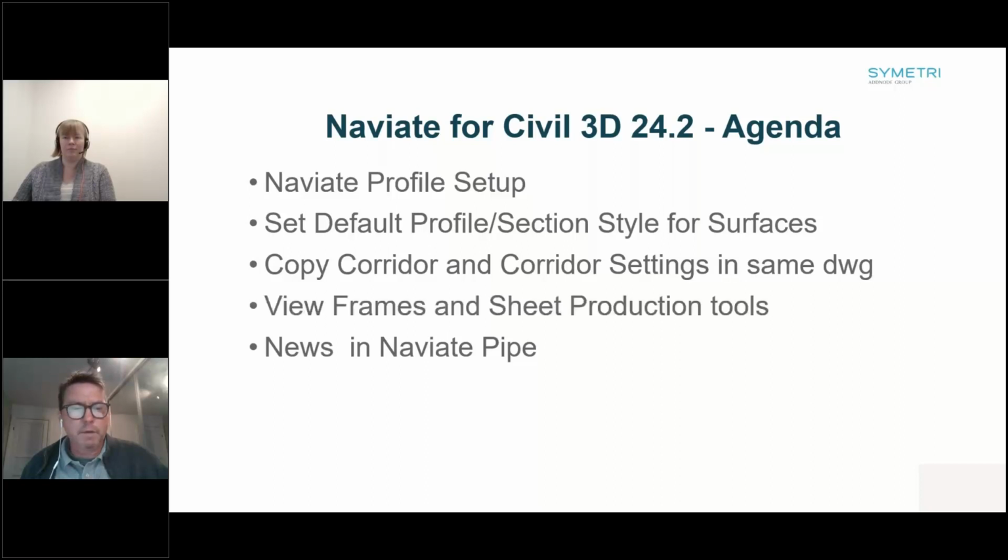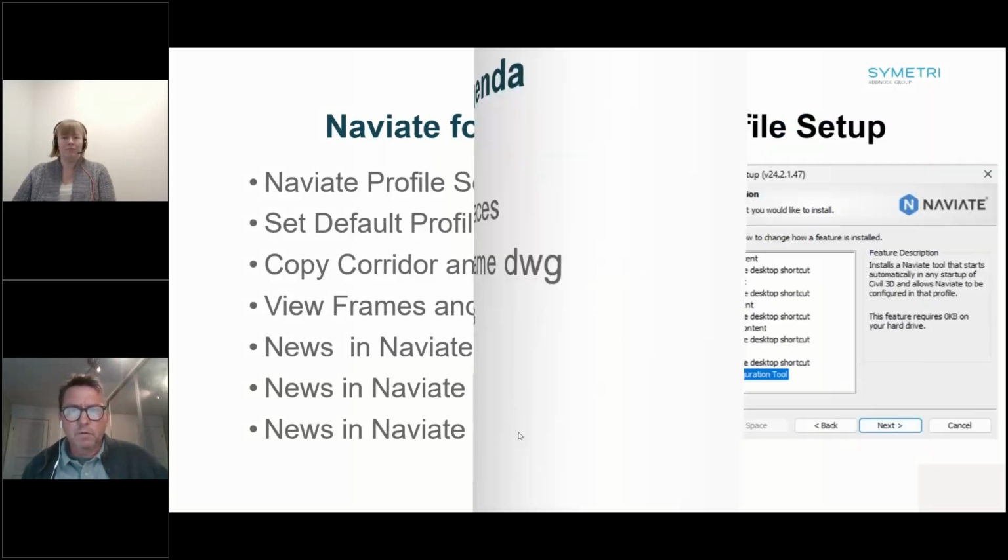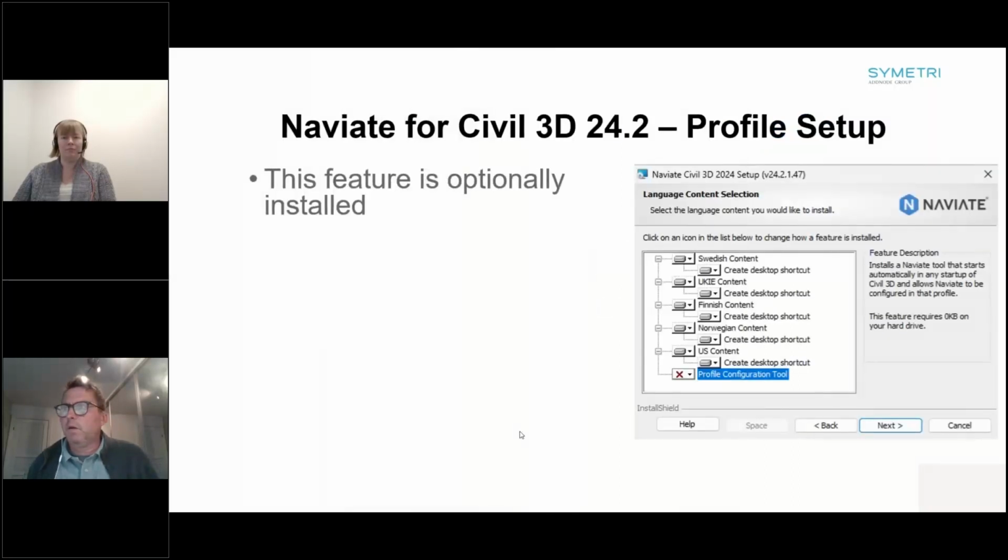We're going to look at Naviate pipe, view frames and sheet production tools, landscape, and Naviate traffic. So there are a few things to cover today. We are going to have detailed webinars coming up, especially around view frames and around traffic, but we'll talk more about that as we go along.